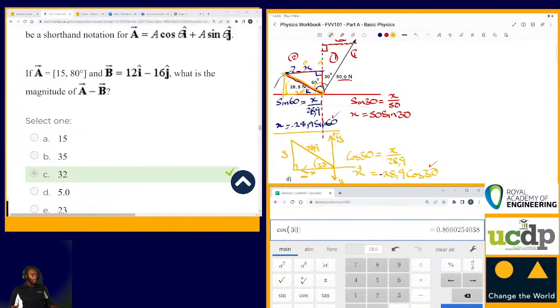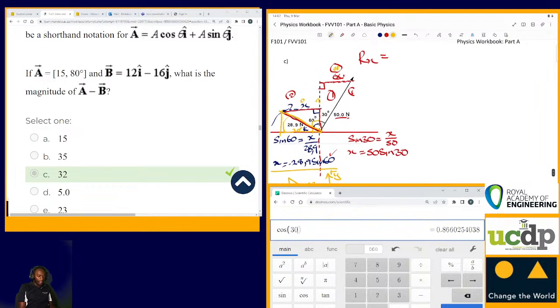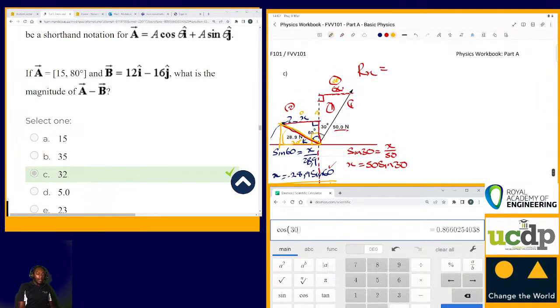Lindokuhle, are you still there? Should we proceed? Did you understand that we can either use the triangle with the 60-degree or the triangle with the 30-degree? I don't see your comment. Maybe we have lost her there. So when she responds, then we will be able to assist her if she needs any further assistance. But in the meanwhile, we are going to proceed.